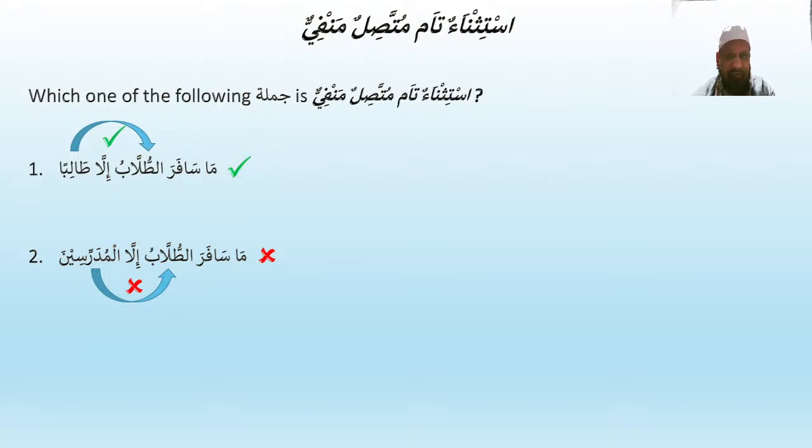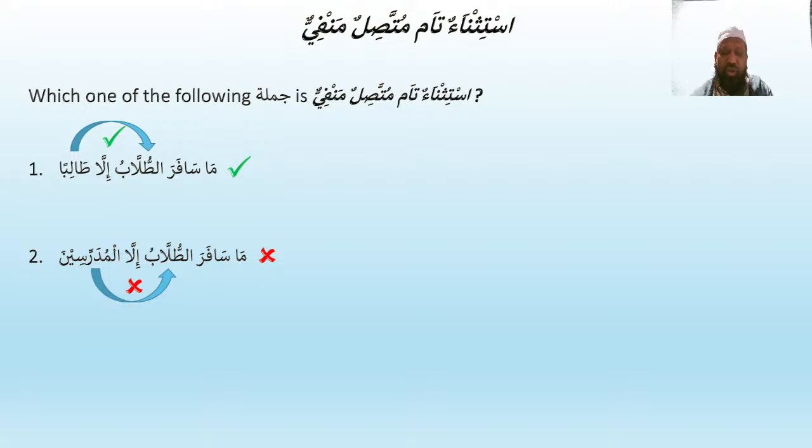If the jumla is not manfi, then it will be wujubun nasb. You have no choice over there. All these three conditions have to match. Istisna, it has to be tam, it has to be muttasil, it has to be manfi.